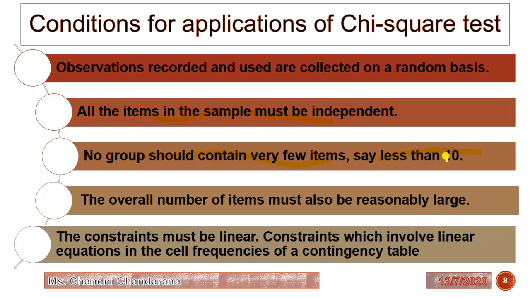We cannot apply this test for fewer than 10 items. The overall number of items must also be reasonably large, and the constraints must be linear, meaning constraints which involve linear equations in the cell frequencies of a contingency table.